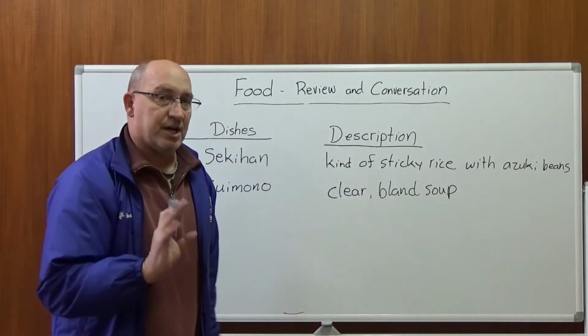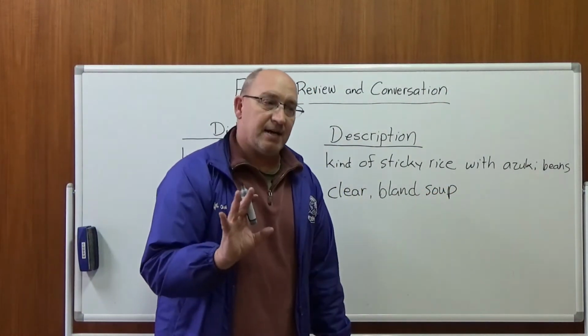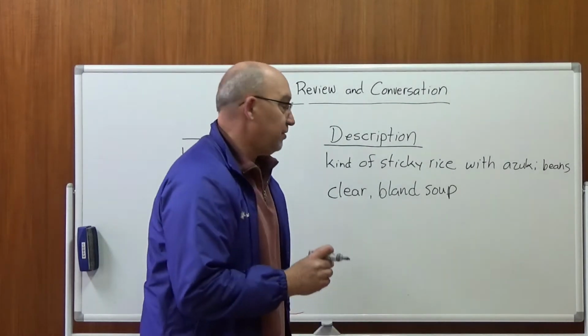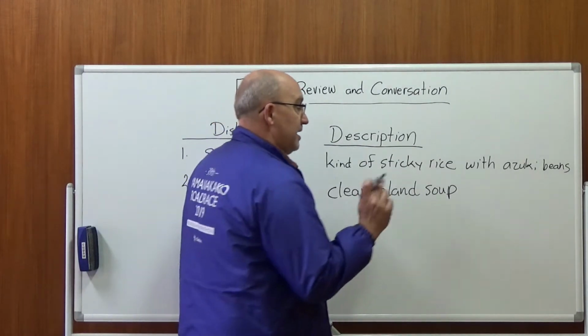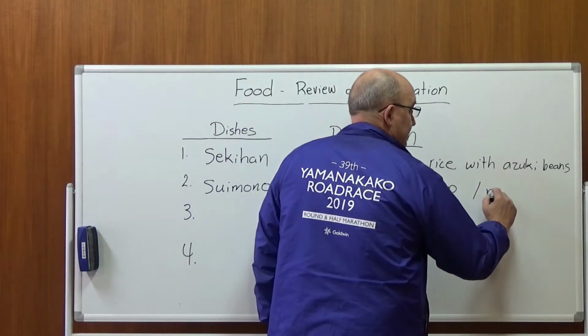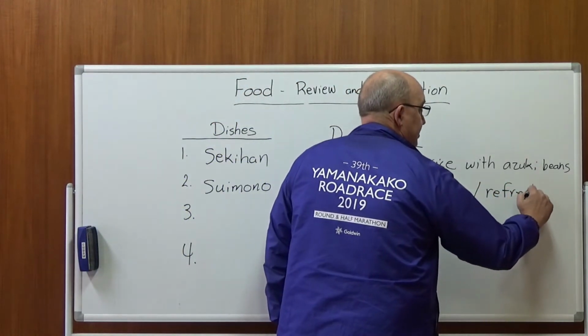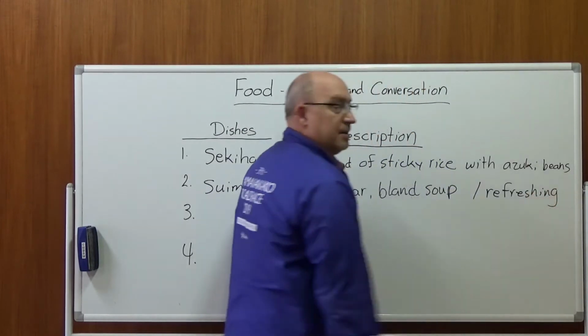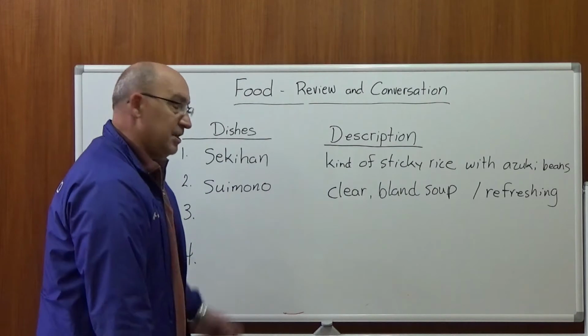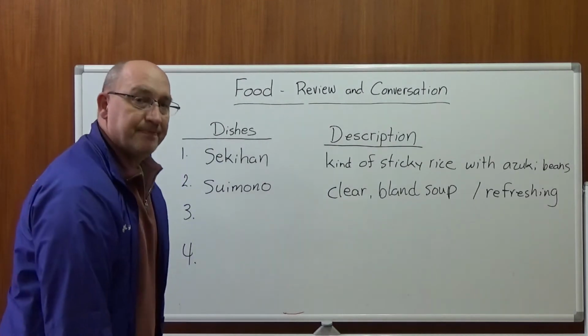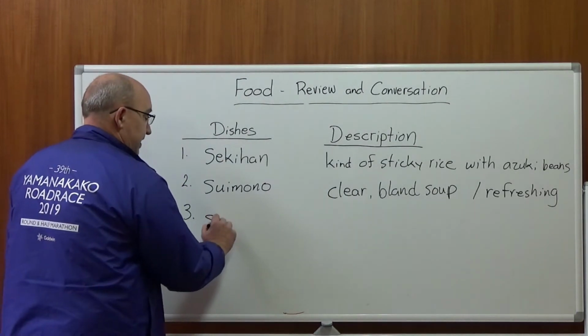Of course, clear, no color. Bland, of course, aji ga nai, or very light taste. But it's a clear, bland soup. And then I used the word, it's very refreshing, to describe suimono. The third dish was maybe very easy, because we talked about sashimi.